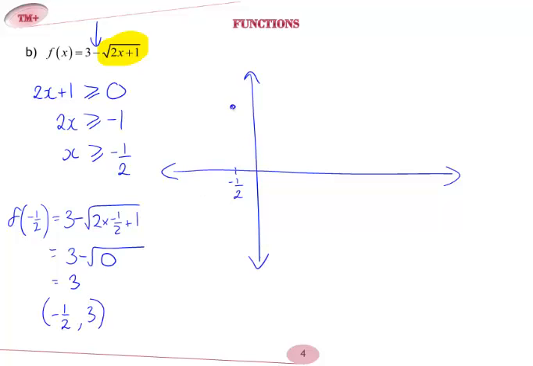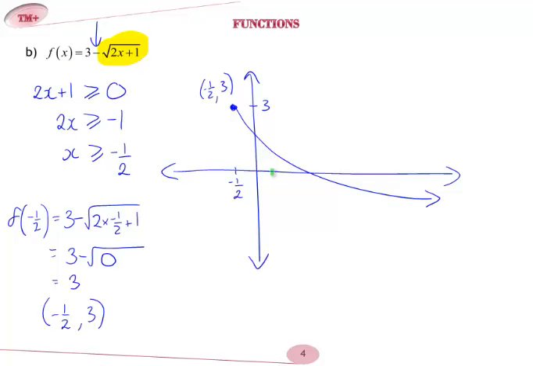I'm only doing a sketch, it doesn't have to be perfect. So that's the point (-1/2, 3). Because of that negative, I'm not going up, I'm going to go down. I could work out what my x-intercept is, but I don't really need it. It's just when f of x equals 0, and you can work it out, but it doesn't help me answer the question.